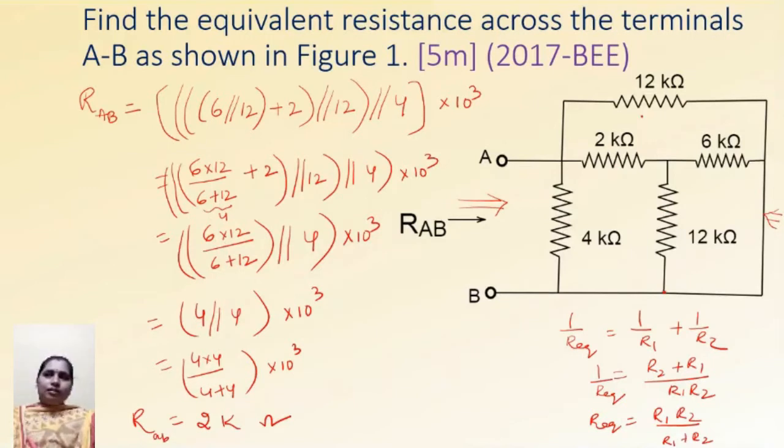Again 6 is in parallel with 12, it is 4. Again 4 is in parallel with 4, so it is nothing but 2. Here you have to remember that if the same values are connected in parallel, it will become half. If the same value is connected in series, it will become double. Okay, so you need to remember that logic and solve the problem.